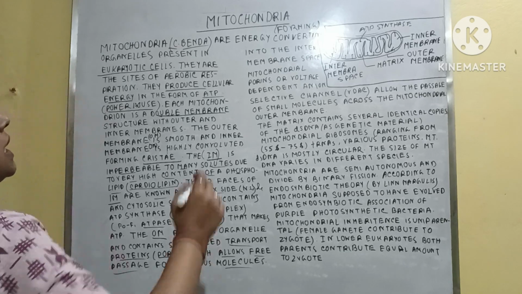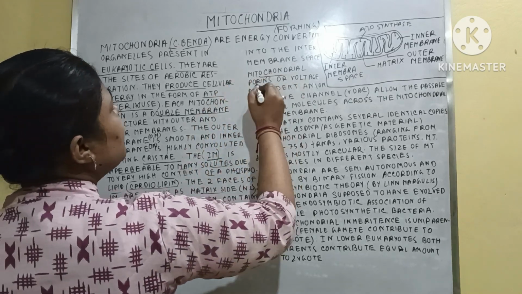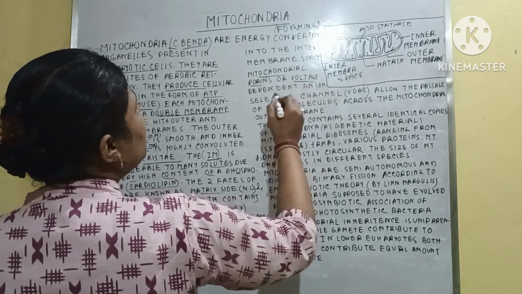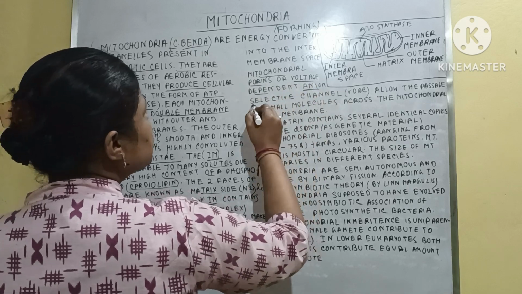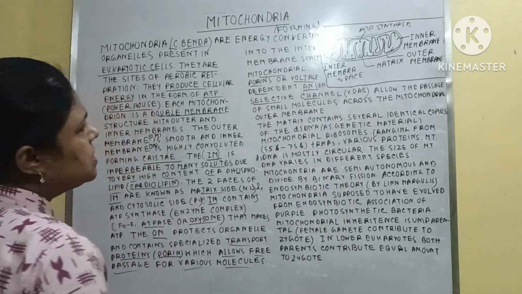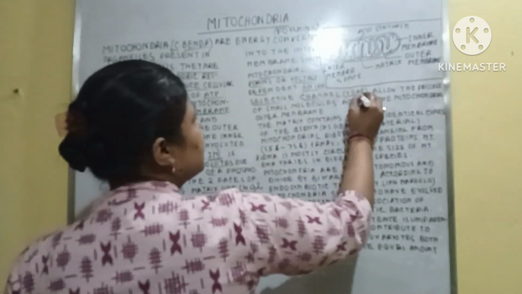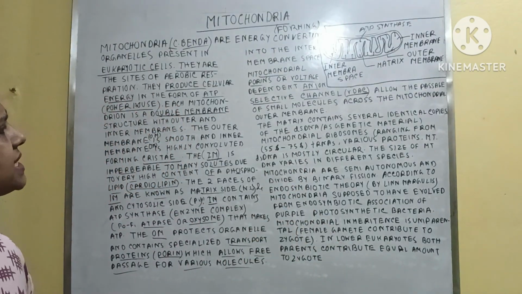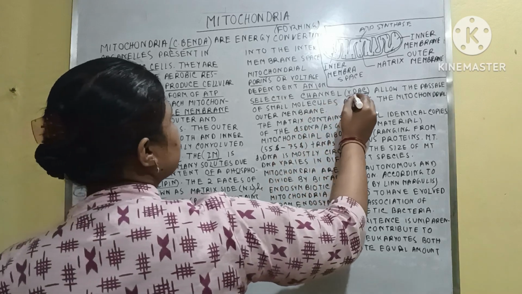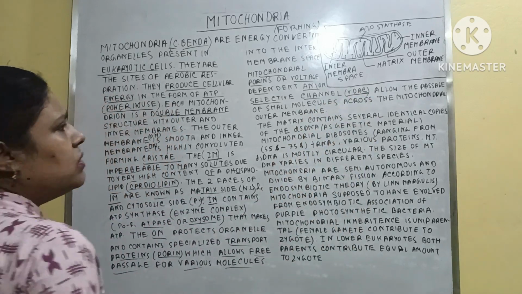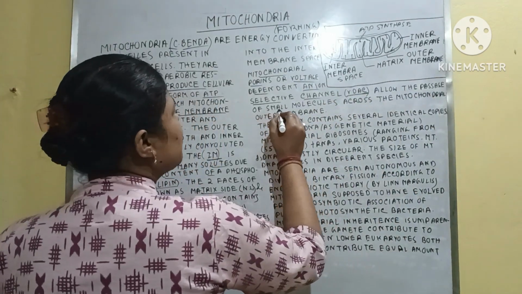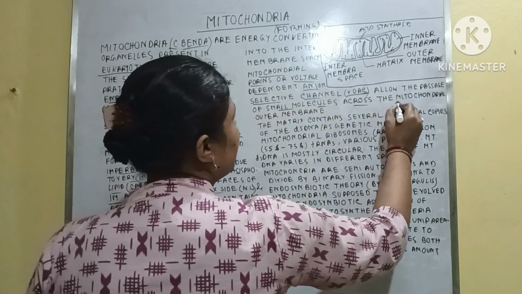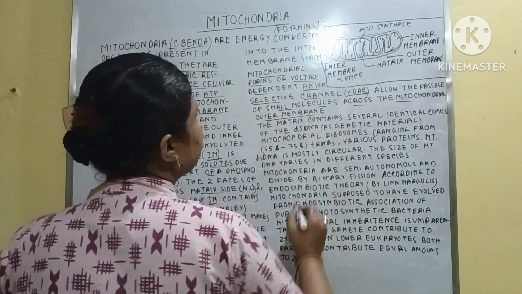Next are the mitochondrial porins, or voltage dependent anion selective channel. This is called the VDAC, the short form of voltage dependent anion selective channel. This allows the passage of small molecules across the mitochondrial outer membrane.